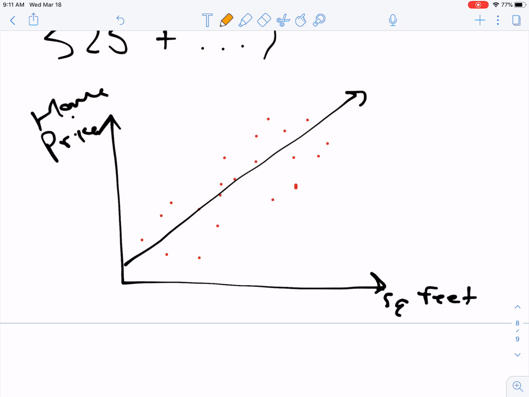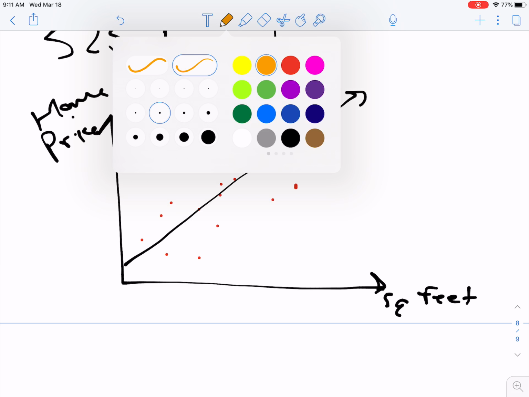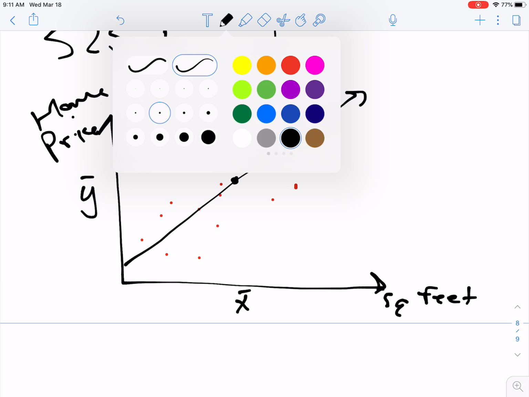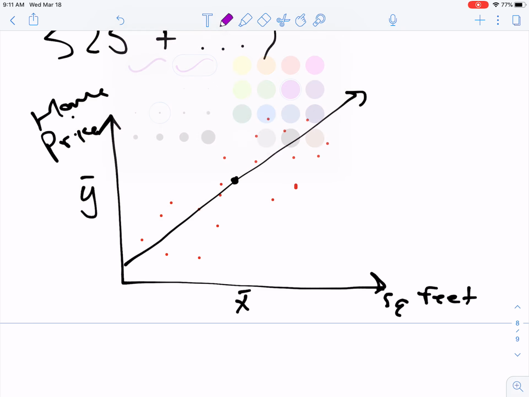We know that if we're doing a confidence interval, that confidence interval is going to be the closest at x bar, y bar, right? We know that point is on the graph right there. And we know we will not be penalized for moving away from x bar right there. So that point is going to be the tightest point for our confidence interval.